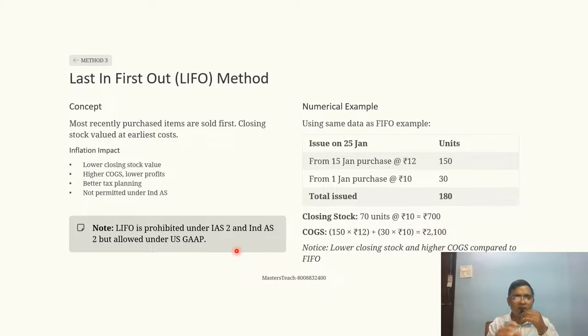LIFO is prohibited under IAS 2 as well as Ind AS 2, and not allowed under US GAAP. So this is about last in, first out: whatever is purchased recently has to be sold first. This is the LIFO method.